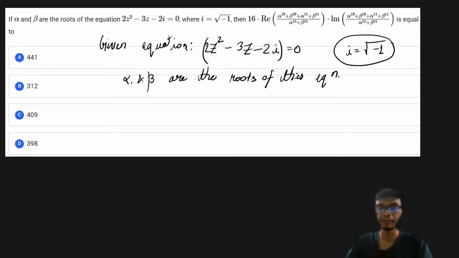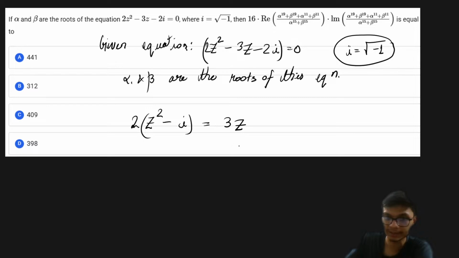Now interestingly, if you look at this problem, what I'm going to do is take 2 common, so it is simply z squared minus iota, which I can equate with 3 times z.